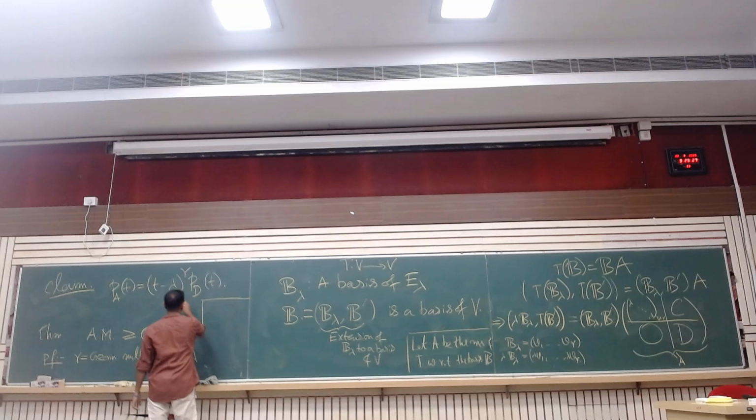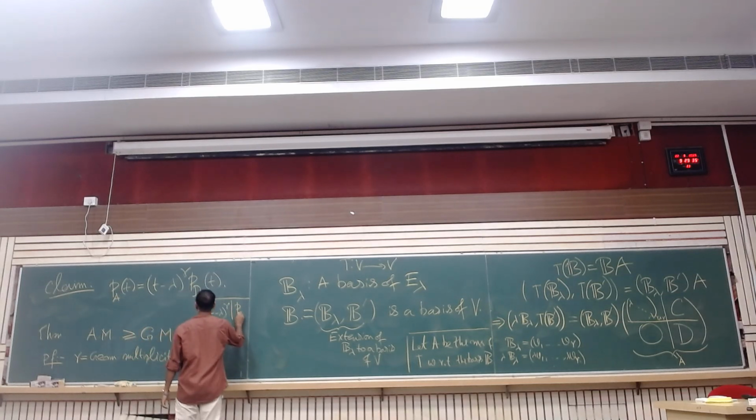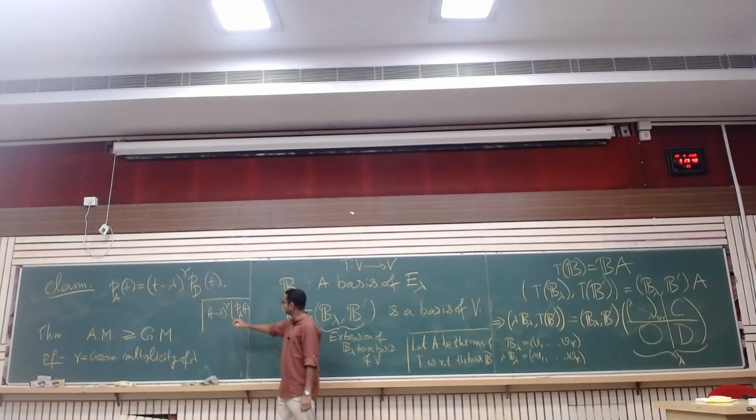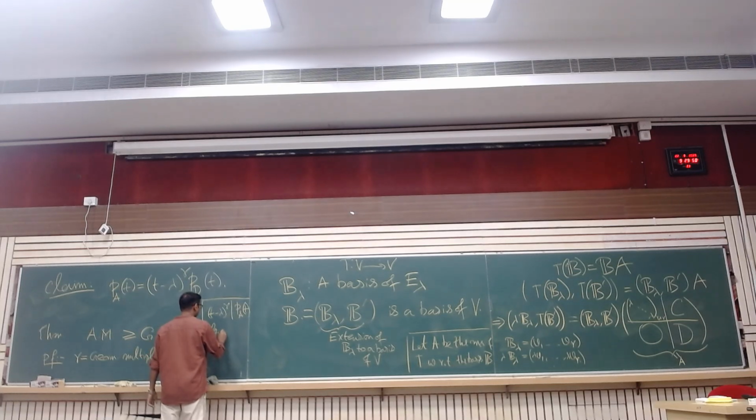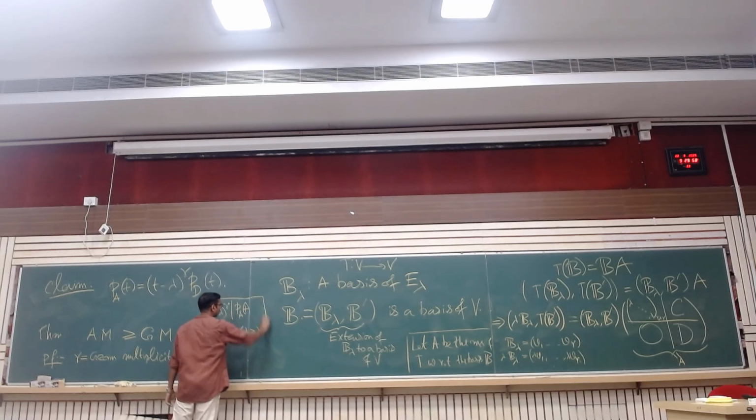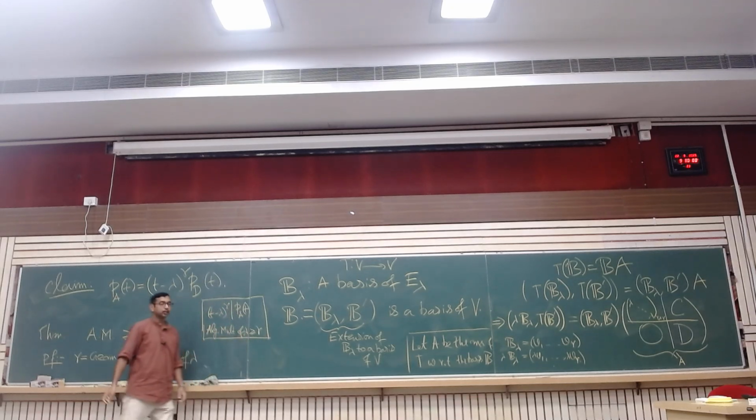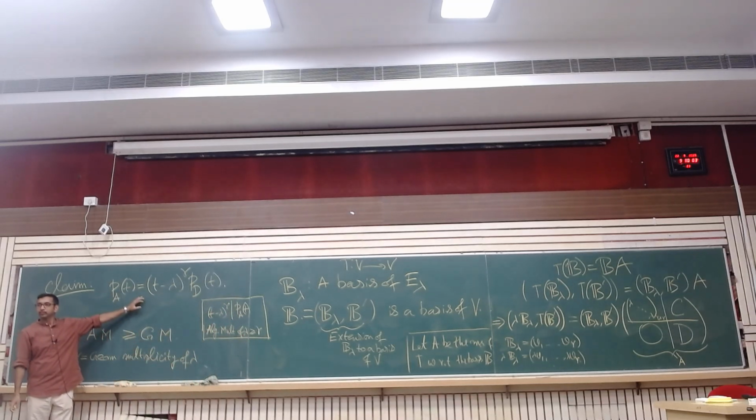Because we just see from here that (t minus lambda) to the power r then divides this one, p_A(t). What does it mean? The multiplicity of lambda as a root of this is either r or larger than that. So that means the algebraic multiplicity of lambda is larger than or equal to r. So we just need to prove this.